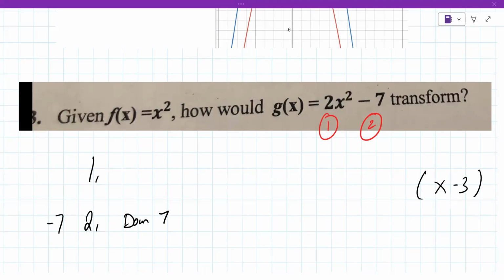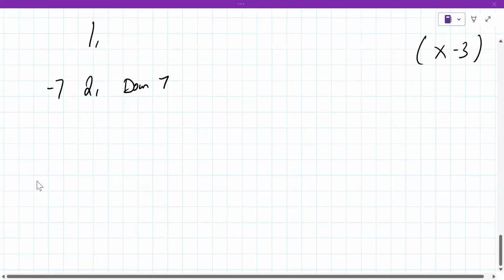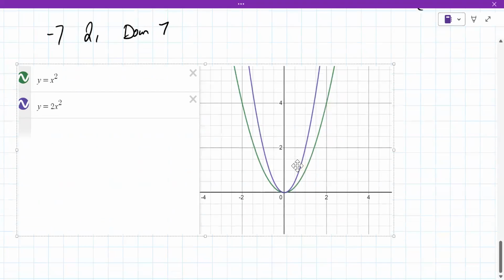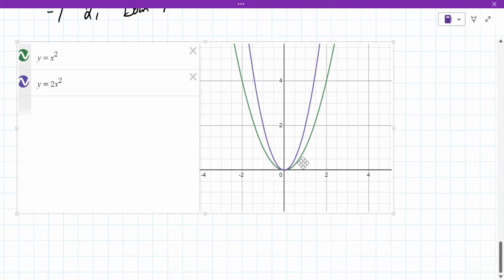So let me show you here. Picture's worth 1,000 words, right? The purple is the green that's pulled up. So literally, you pick a point, and it's pulled up.